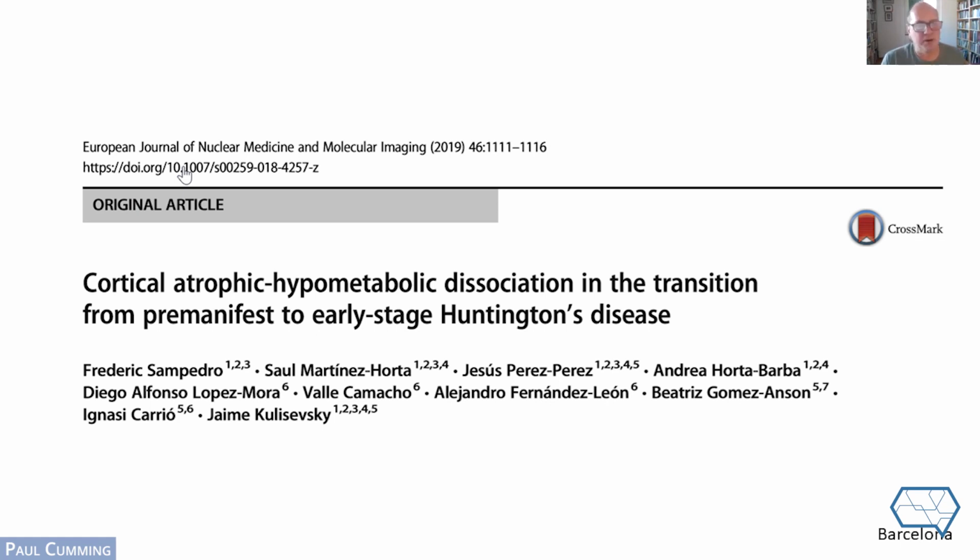I was a graduate student at the time, but I remember discussing with a neurologist how that created an ethical problem, because genetic testing was not yet available. And yet there was a period, lasting only a few years, when FDG PET could in principle have been used to detect the pre-morbid or preclinical manifestations of the disease, which presented some conundrums for those with a family history of the disease.